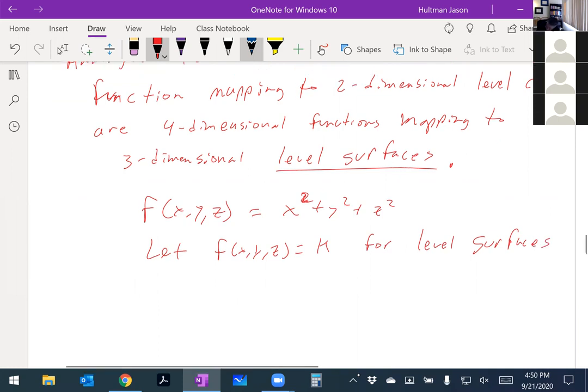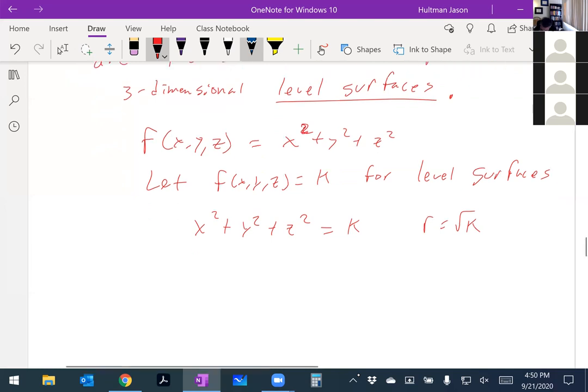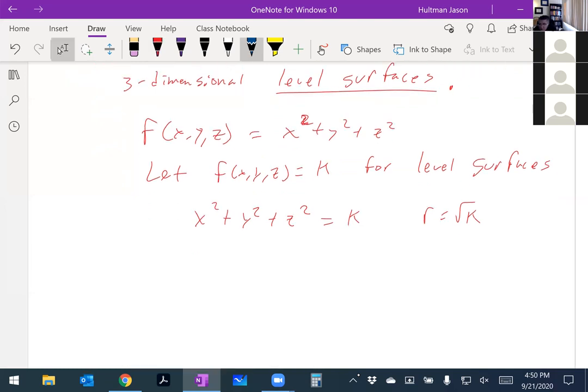And so what's that going to do? Well, this is going to give me level surfaces where r is equal to radical k, right? So these are spheres of radius radical k.